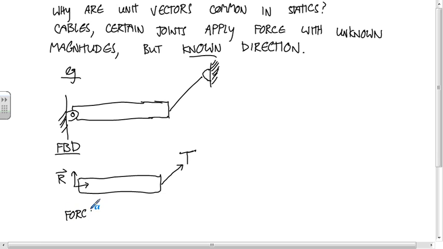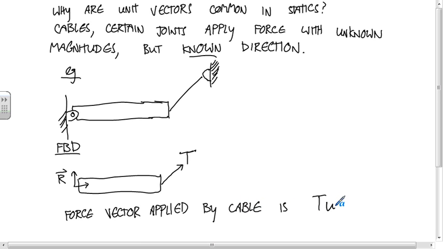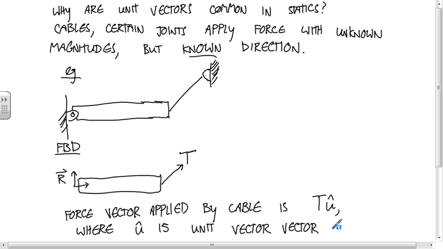But we do know that the force vector applied by the cable is T times U, where U is the unit vector in the given direction.